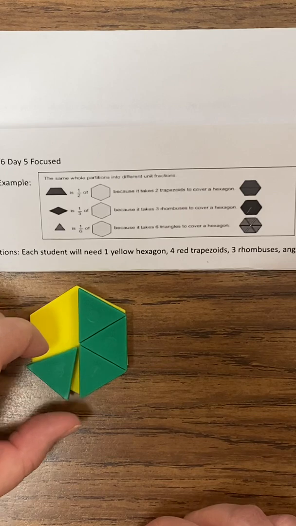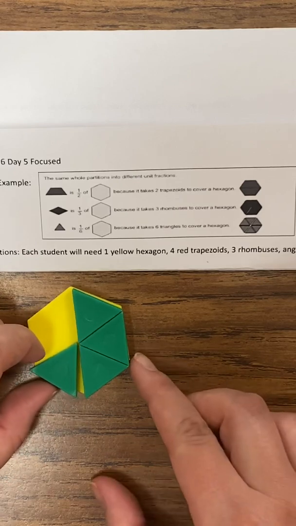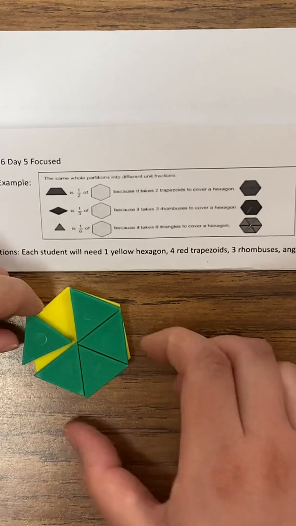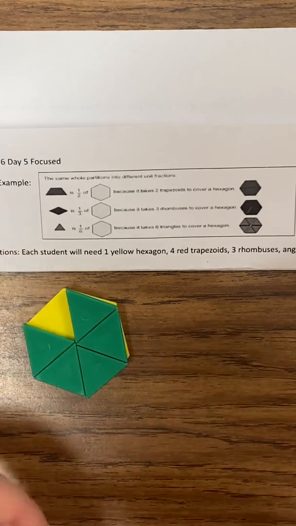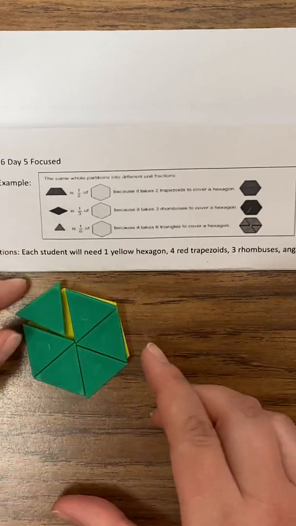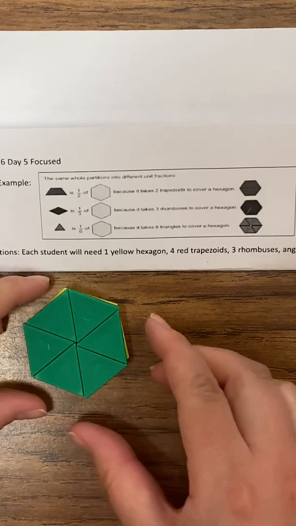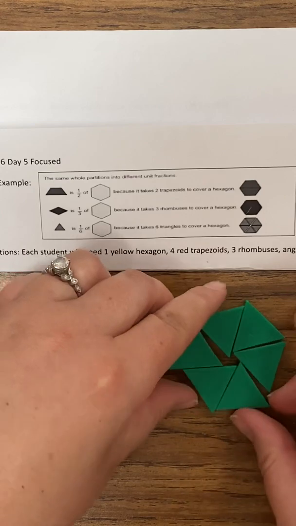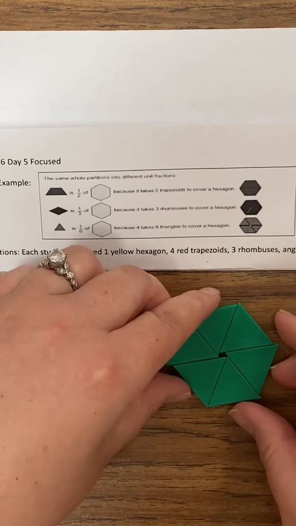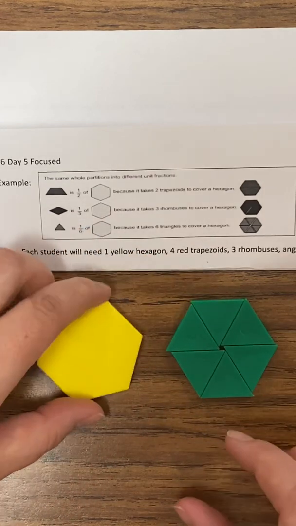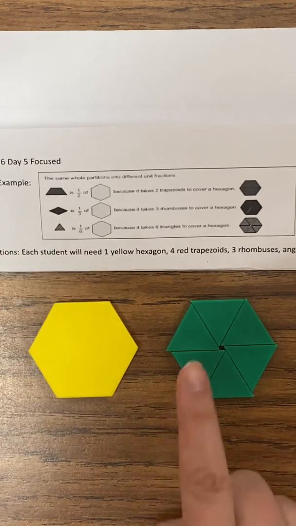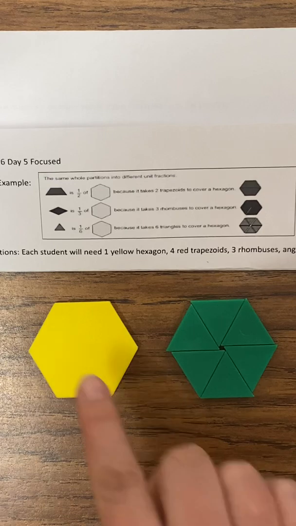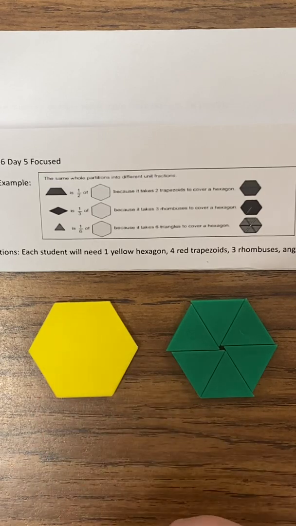Then we have 4/6 of a hexagon, 5/6 of a hexagon, and 6/6 of a hexagon. So let me take this carefully, transfer it over. There we go. Okay, so as you can see, to make one whole using the 1/6 unit fraction makes a whole hexagon.